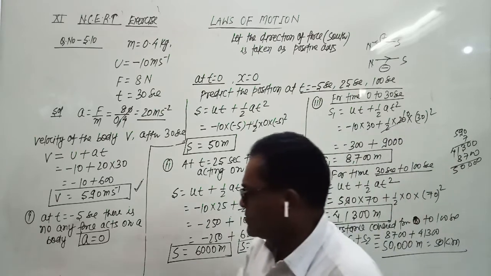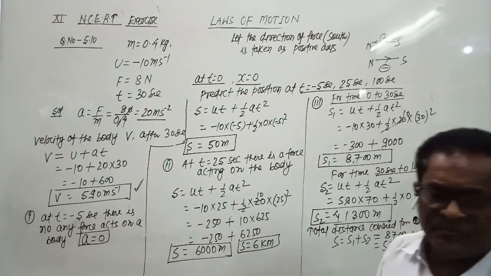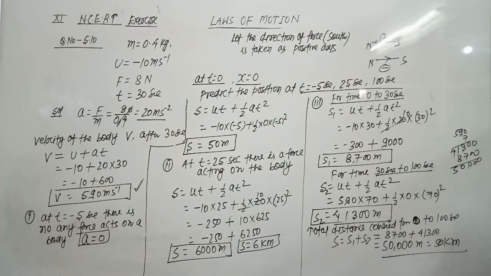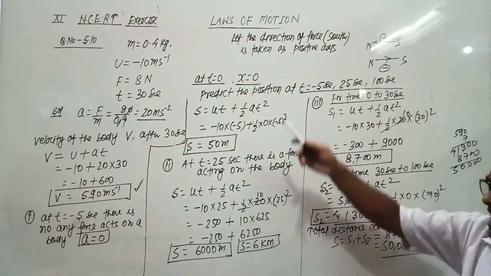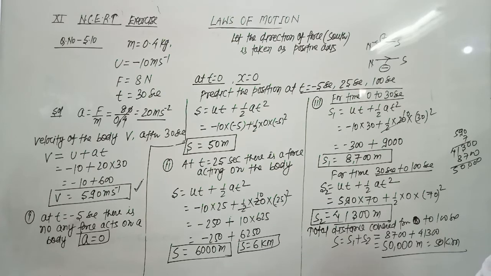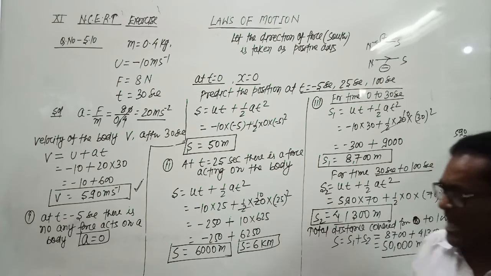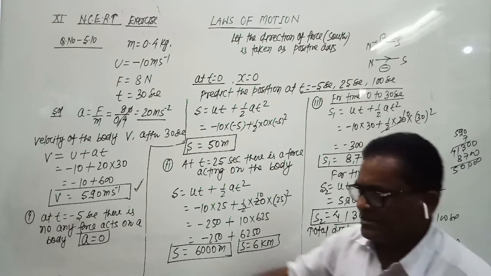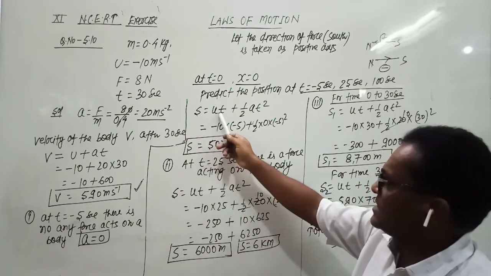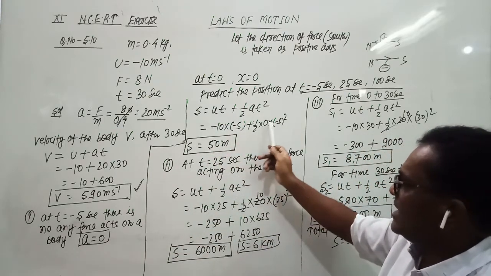So at t equals to minus 5 seconds, there is no force acting on the body because force started acting on the body from time t equals to 0 second. So before 0 second, there is no force acting, so acceleration is 0. Now the distance covered is ut plus half at square.